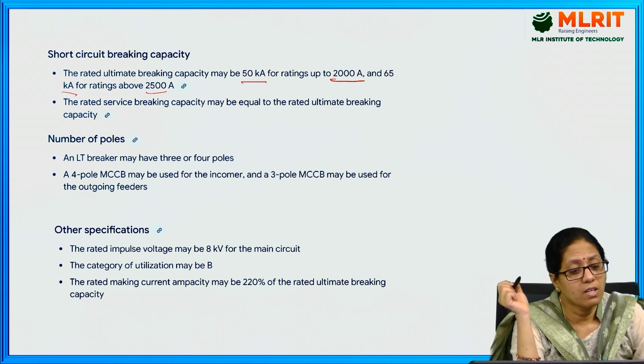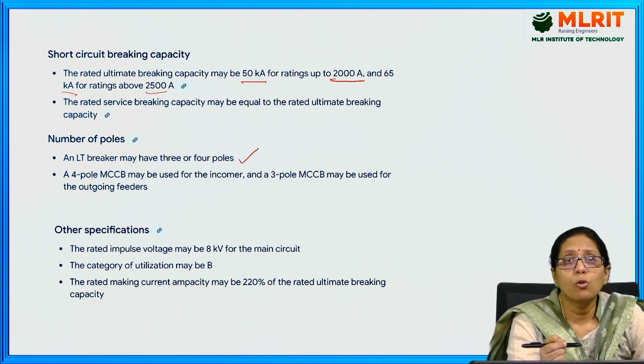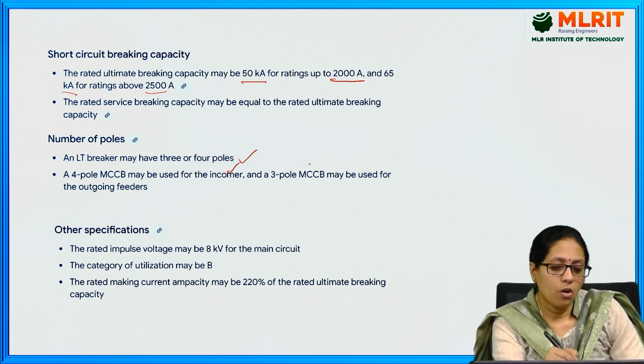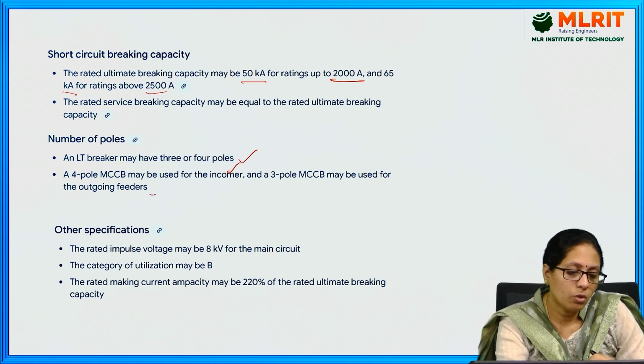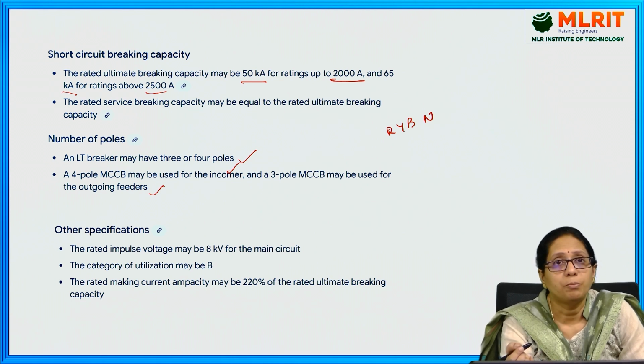The next one is the number of poles. An LT breaker may have 3 or 4 poles, and a 4-pole MCCB may be used for incomer, or a 3-pole MCCB may be used for outgoing feeders. 4-pole is nothing but R, Y, B and neutral.